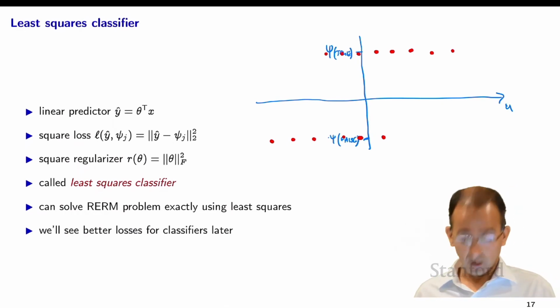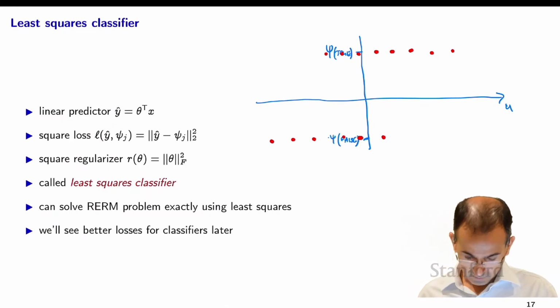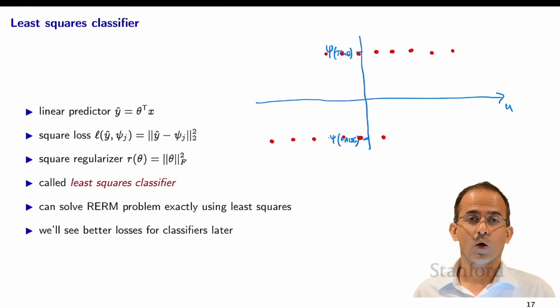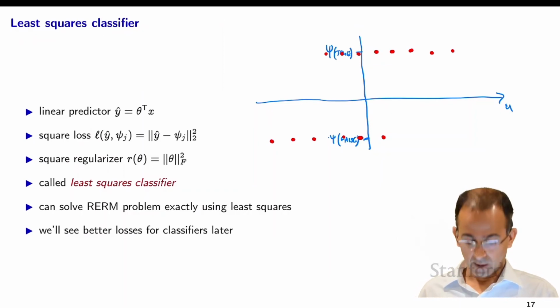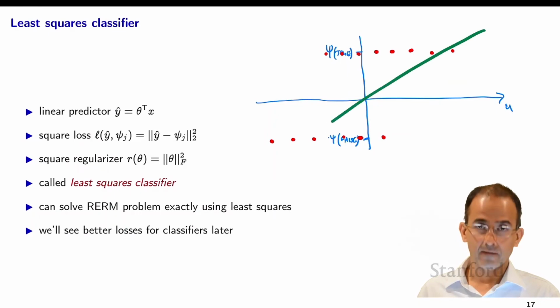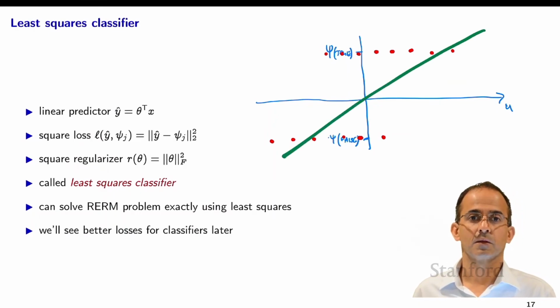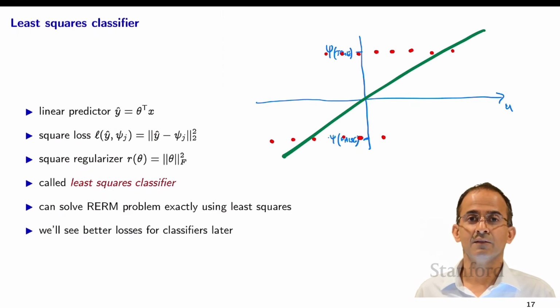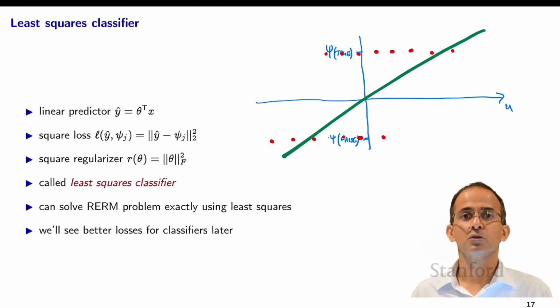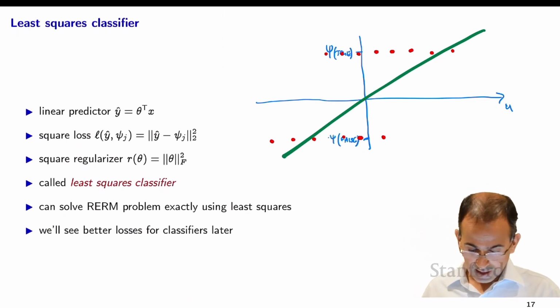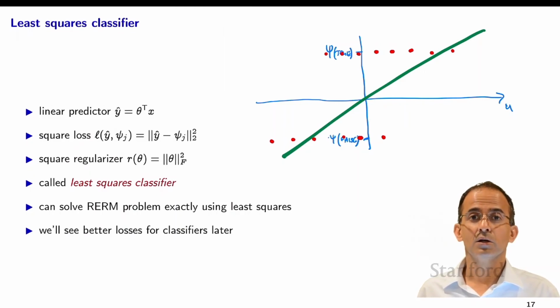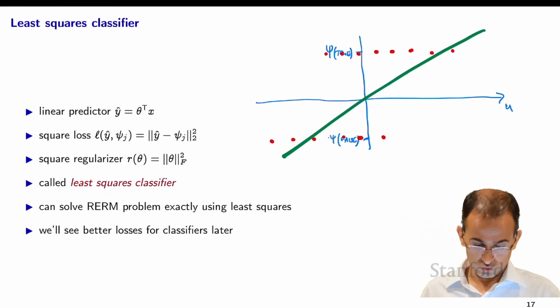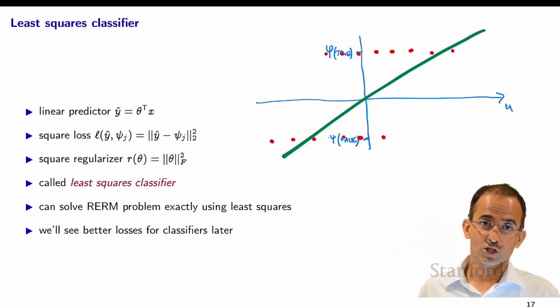And then what we're going to do is fit that with least squares. So we're going to use a linear predictor, y hat is theta transpose x, and that will fit a straight line right there. Now, because we're un-embedding using psi dagger, remember, is the un-embedding map corresponding to the one-hot embedding, it's going to say, well, whenever y hat is positive, your prediction should be true, and whenever y hat is negative, your prediction should be false.